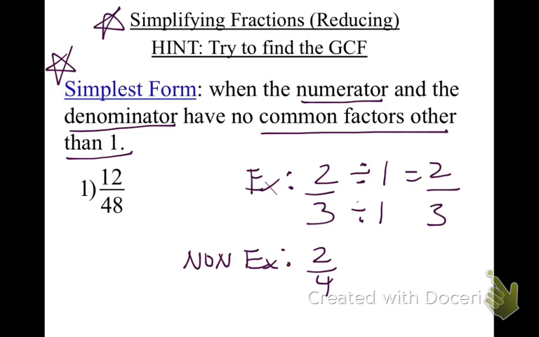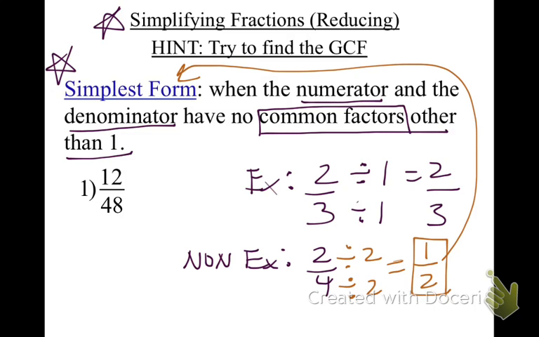Why? Because we have a common factor. What's our common factor? The common factor is 2. So if I divide both by 2, I'd get 1/2. Now 1/2 is my simplest form. So be very careful: no other number besides 1. So this was a non-example, this was not simplest form. I'd simplify it first in order to get my simplest form.